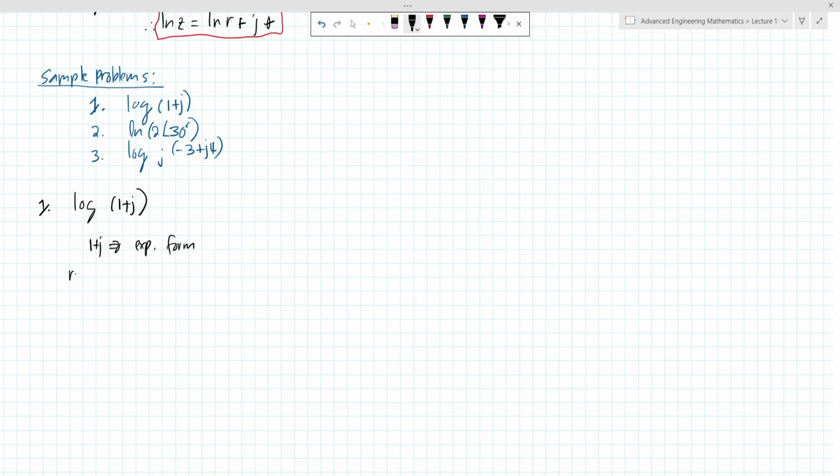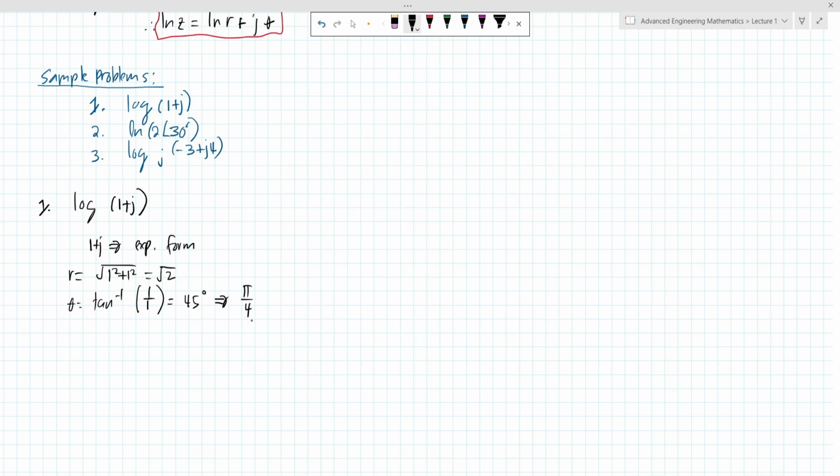Our r here is, our x and y are both 1, so r is the square root of 1 squared plus 1 squared. So that is the square root of 2. And for the angle, theta here is the arctangent of y over x, which is 1. So arctan of 1 is 45 degrees. Then you should convert this to radians. So this is equivalent to pi over 4.